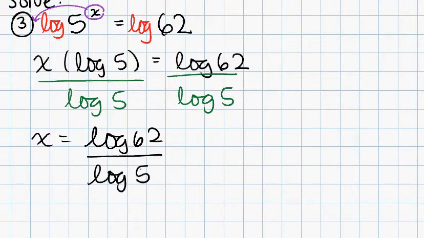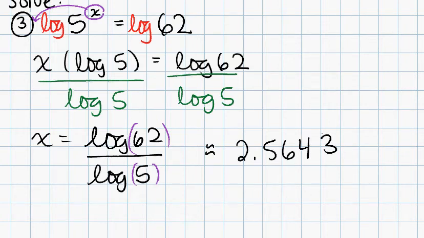If you type it in all at once, make sure that you close your parentheses, like so. If you type them in separately, make sure you don't round too soon, because you'll get a very badly rounded answer. And hopefully you get that it's approximately 2.5643.